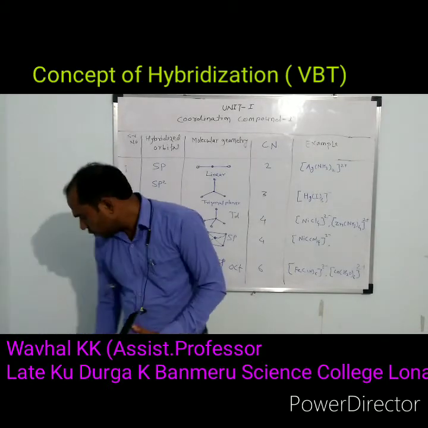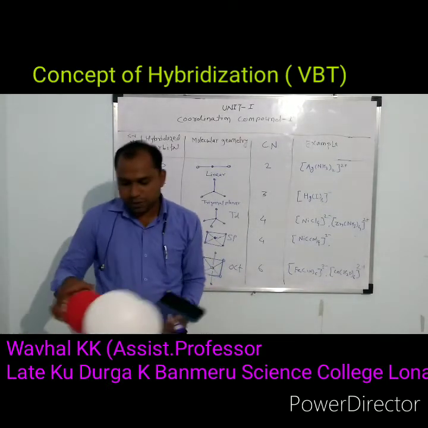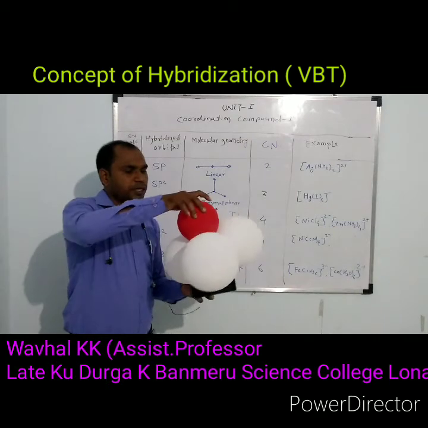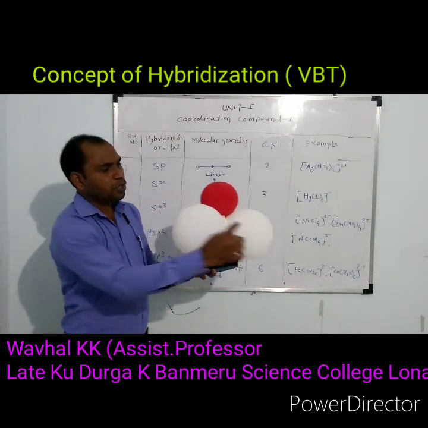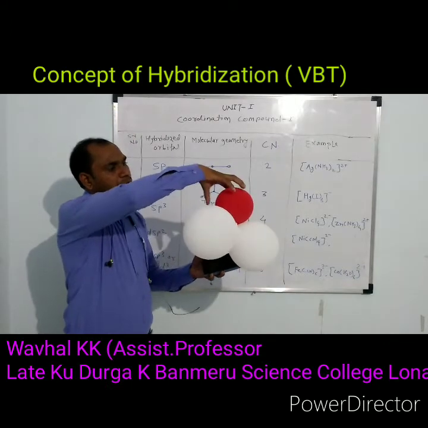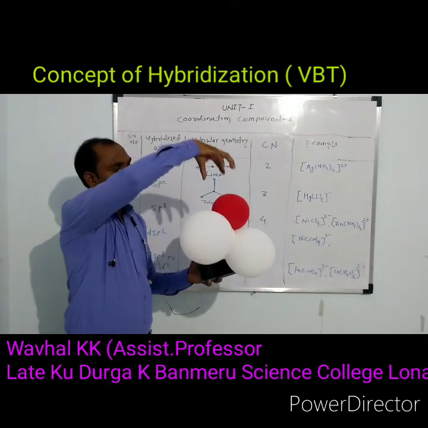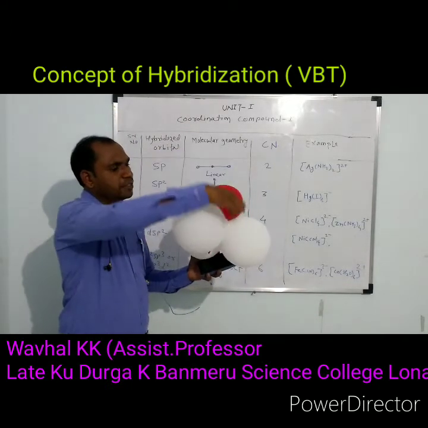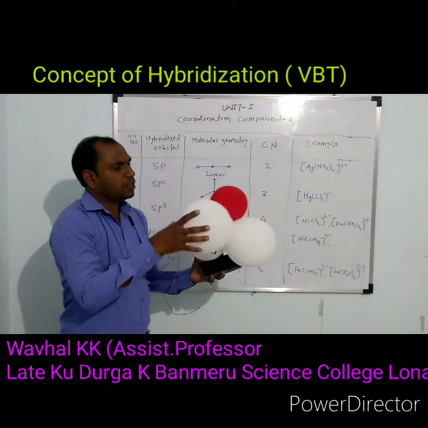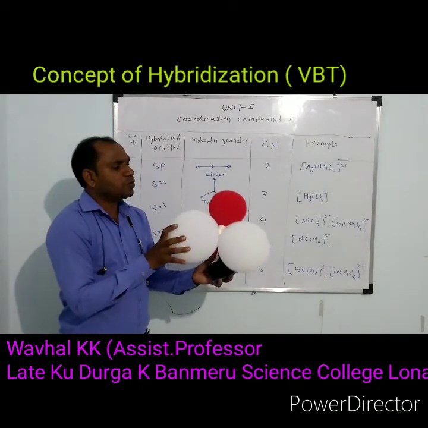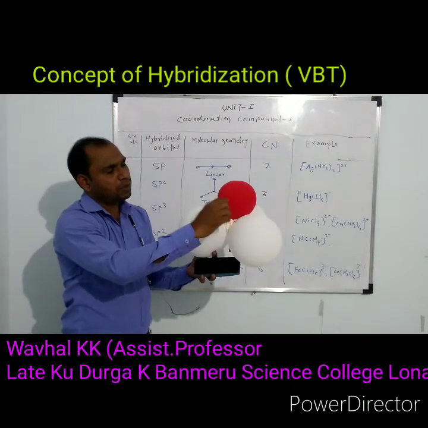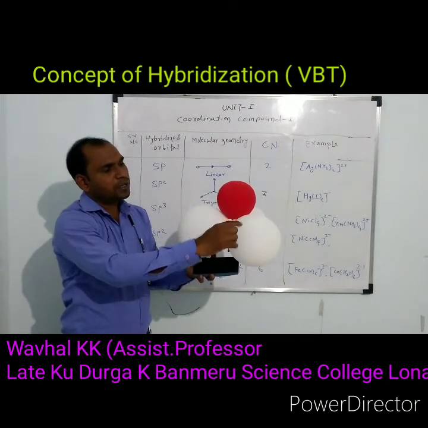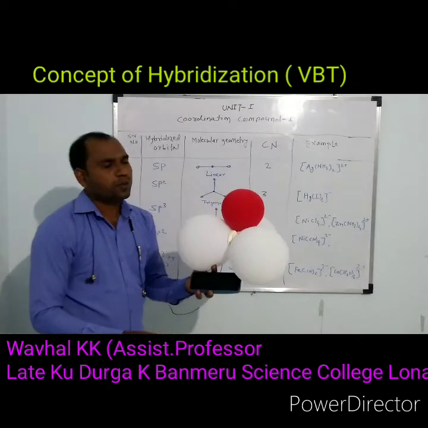I show you an example of tetrahedral geometry. This is the example of tetrahedral geometry. These are three orbitals, 1, 2, 3, and one orbital is here above the plane. In this way, the bond angle between this orbital and this orbital is 109.5 degrees.